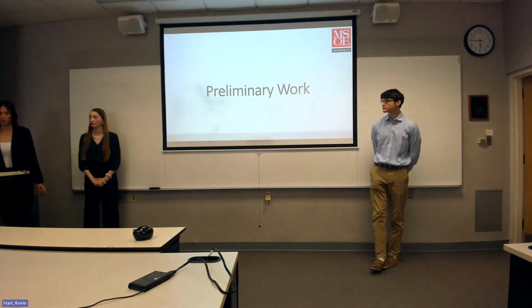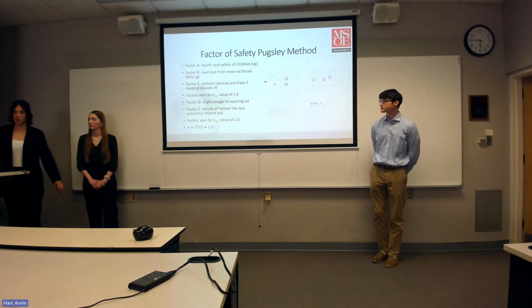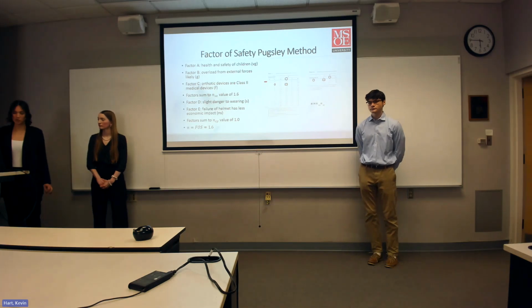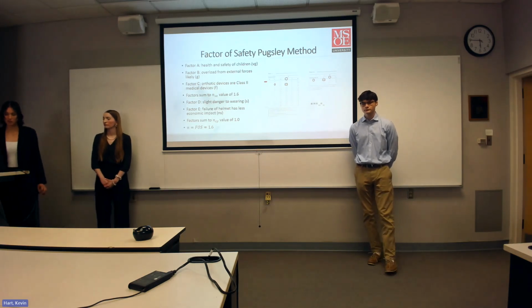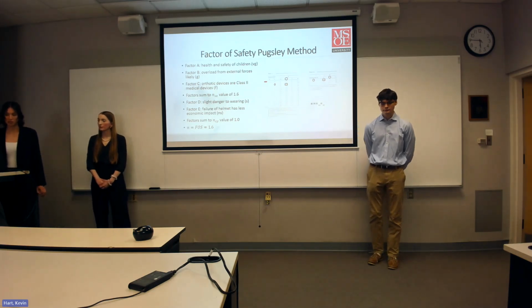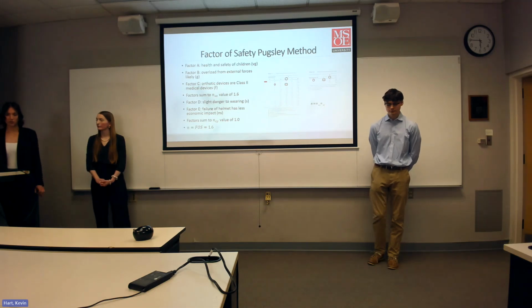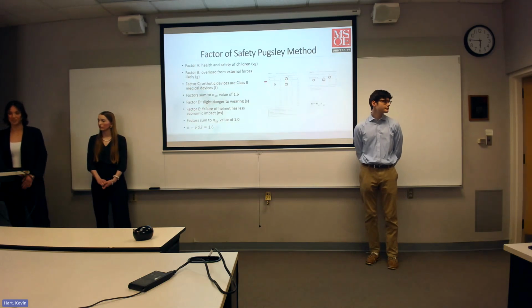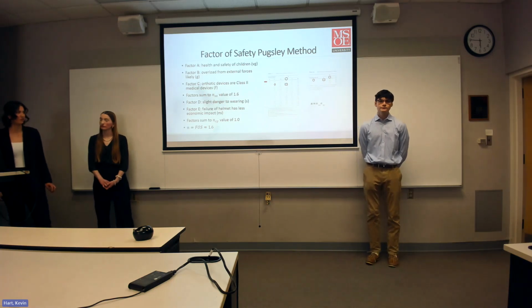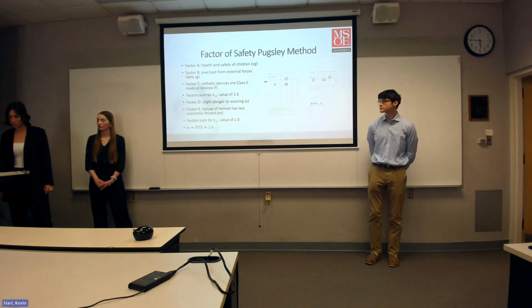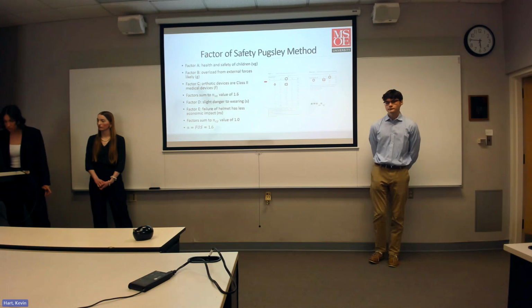So getting into the preliminary work that we did, the first was the factor of safety, which was taken from the previous design group. Basically, it has factors A through E, with factors A through C being scored on a scale of very good to poor.